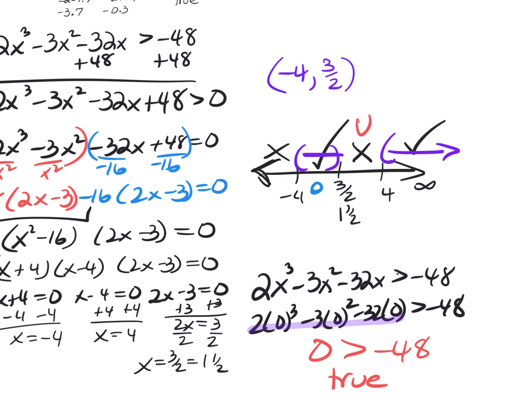This X is the U, and then it starts up again and goes to infinity. Remember, your interval notation is the location of these check marks. So this is where it starts, and this is where this one was in between. So it's everything from that line up.